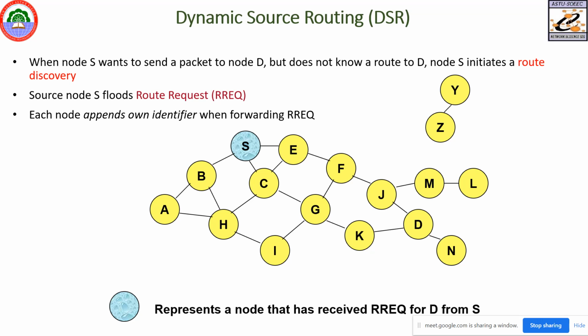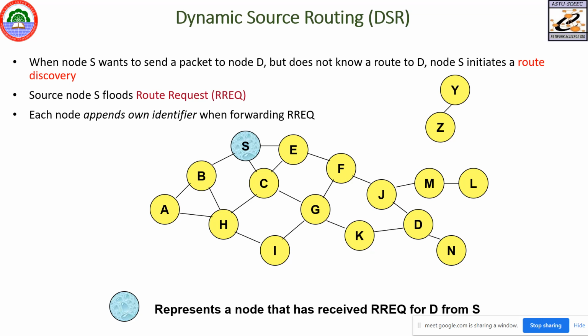Dynamic source routing is a reactive protocol, not a proactive protocol. AODV is the proactive protocol, but DSR is the reactive protocol, which will not have the information prior to the transmission. When the request comes, it will initiate the process.